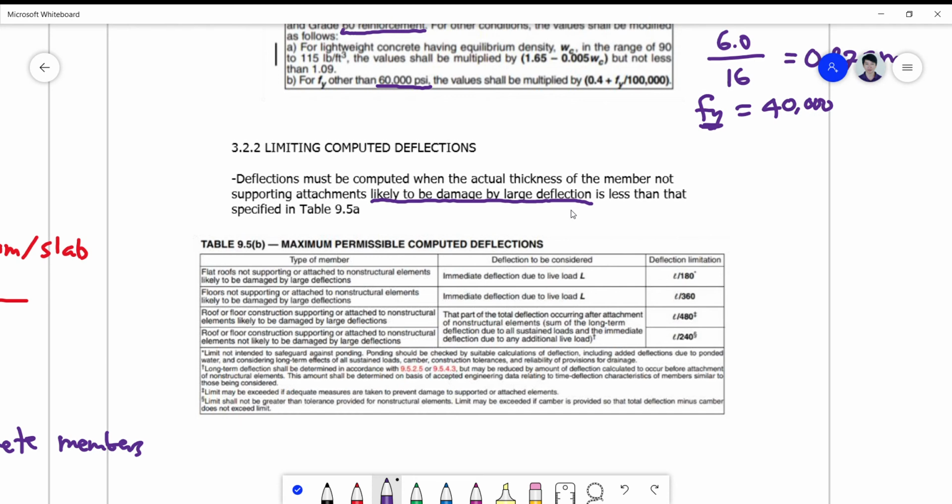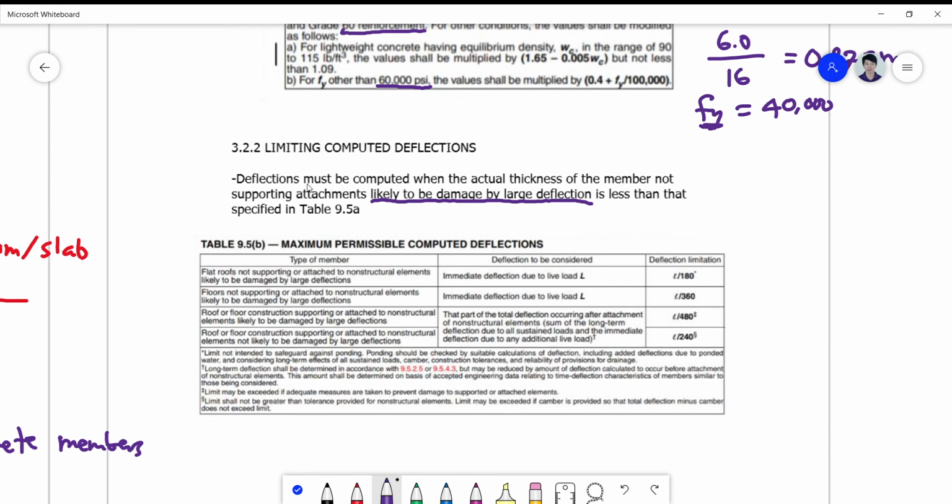When these members are likely to be damaged and they are attached to this, so there is an attachment to this type of deflection which are likely to happen, then we use this table here.